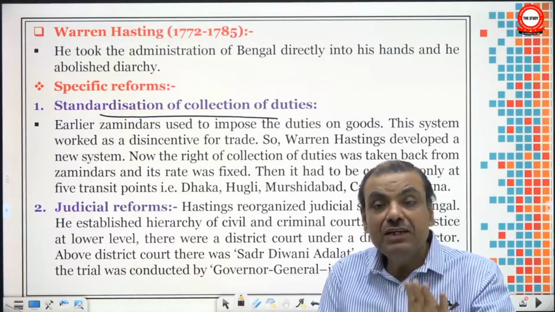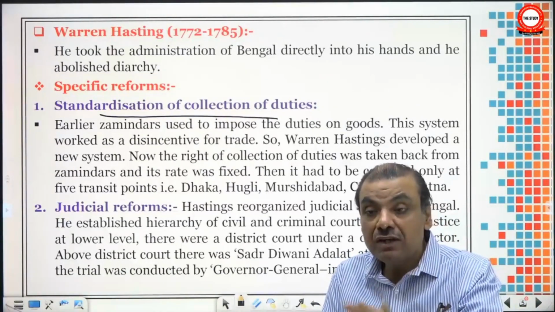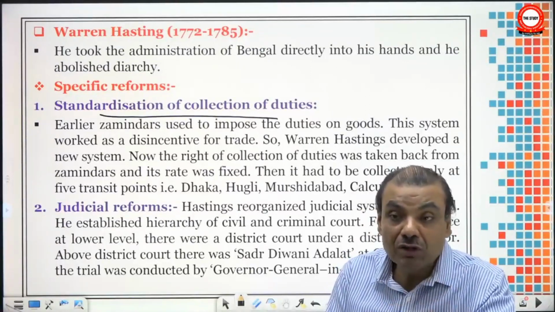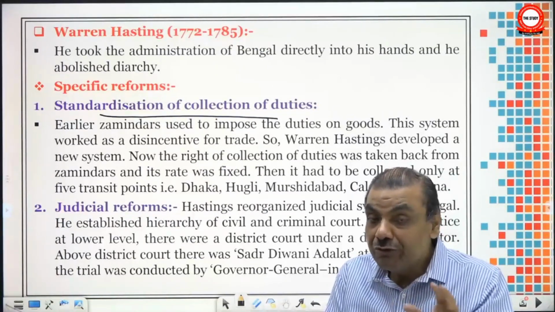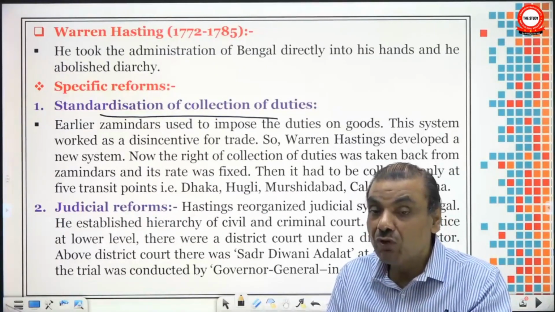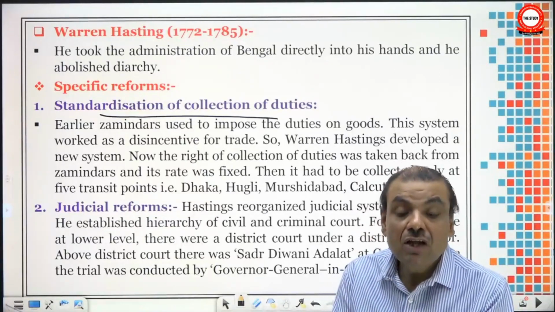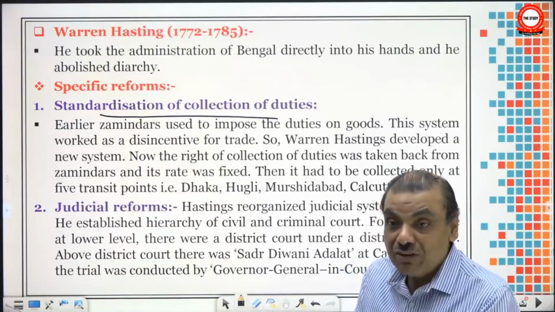Definitely any company's officer would have given priority to the collection of revenue first, and even Warren Hastings gave priority to the collection of revenue. But here there are two different types of revenue. One is the land revenue, another is other sorts of duties. In the case of other duties, there was a very wrong precedent.